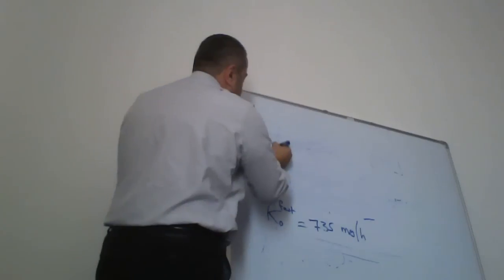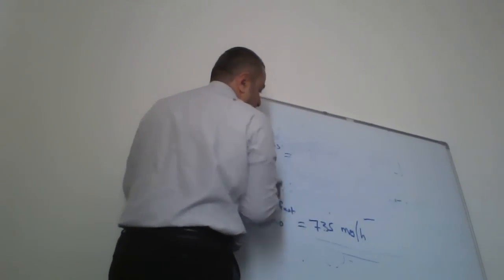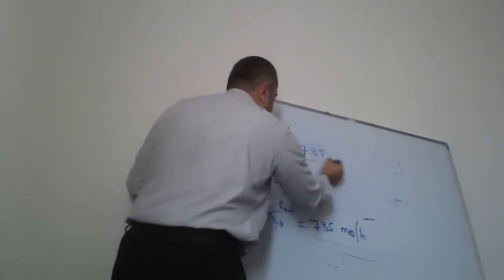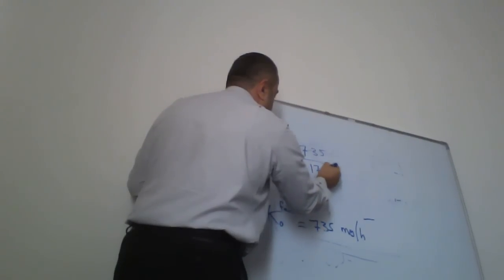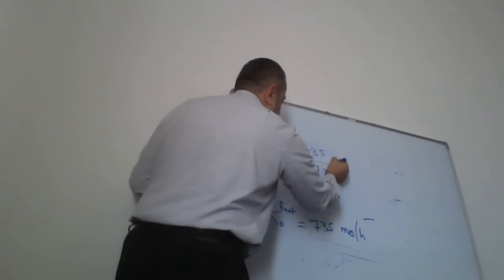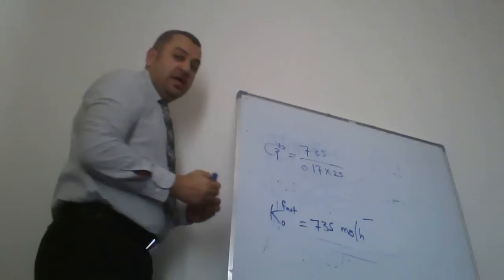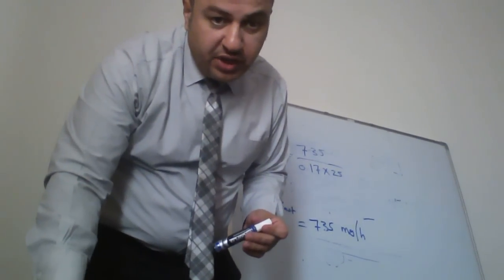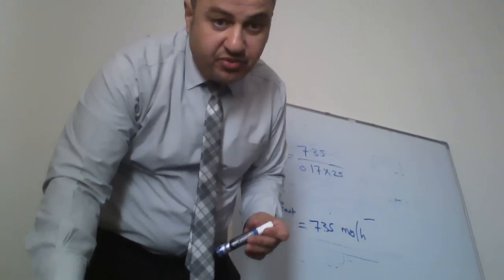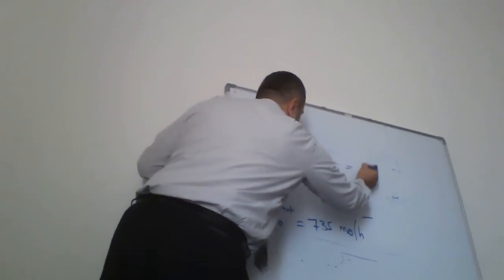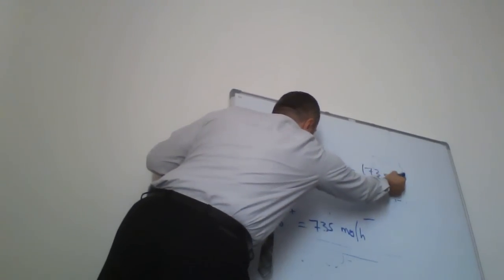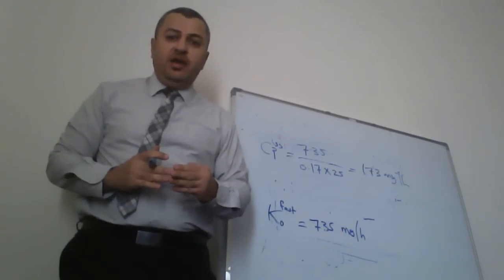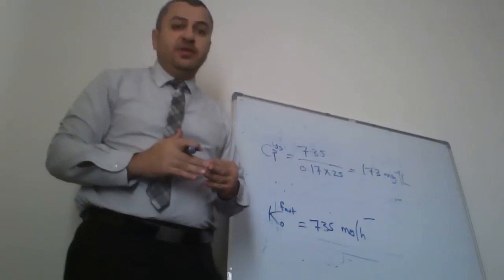Remember the equation? CPSS is equal to K0, now this fast one, 735, divided by KL, which is 0.17, multiplied by the apparent volume of distribution, and this will give you a concentration of 173 milligram per liter. Look, from 14.1 to 173 milligram per liter.